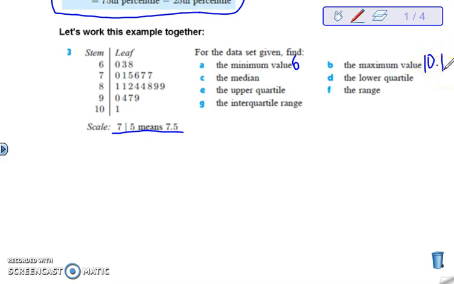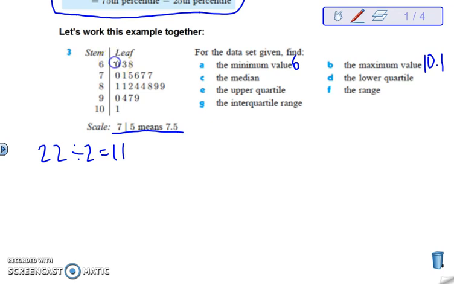All right, the median, we said it's in the middle. So basically what we need to know is the total number of terms that we find in the set. If we count it out, there should be 22 terms. Divide that in half. Means we need to split our set at the 11th term, or rather after the 11th term.